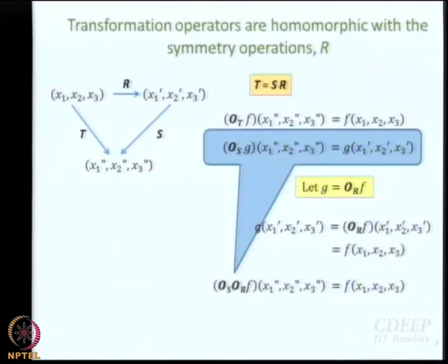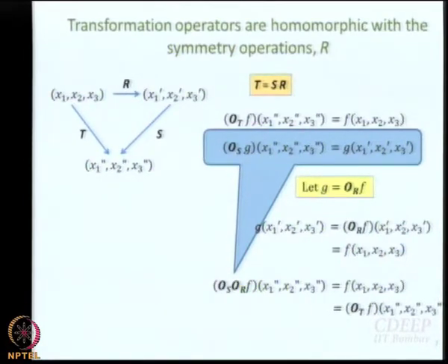So then, what is OSG in x1 double dashed, x2 double dashed, x3 double dashed? First of all, instead of G I can write ORF, and on the right hand side I get F in x1, x2, x3, which is equal to OTF in the double dashed coordinates.